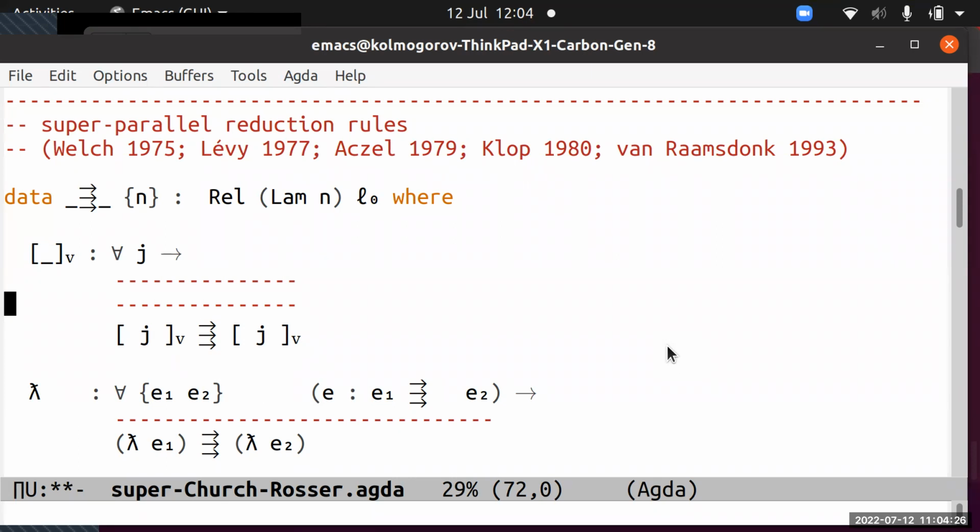And here's the rule that says the variables superparallel reduce to themselves. And here's the rule for lambda. I just go under the lambda and look at the reduction in the body. And this is where we're starting to get the advantage of de Bruijn indexing: no renaming is required, no pack drill, no rubbish. Okay.